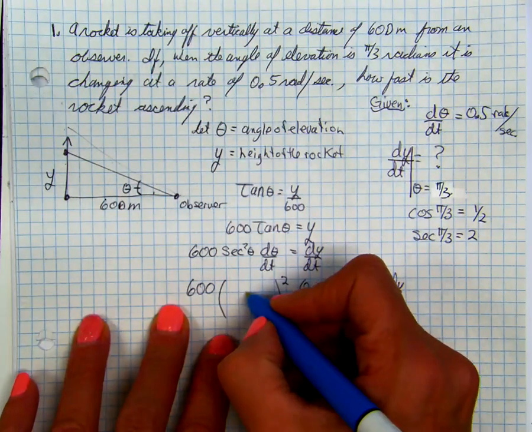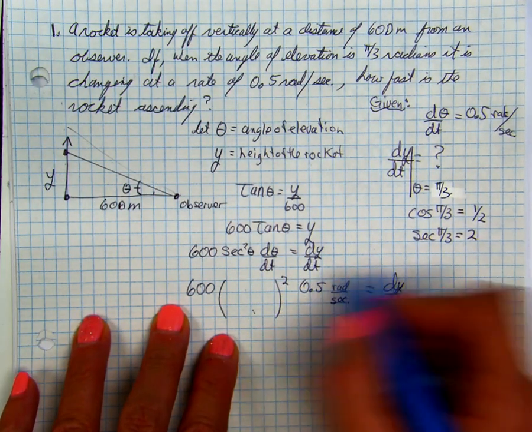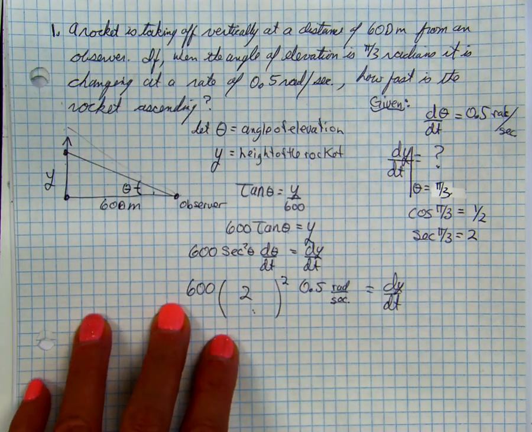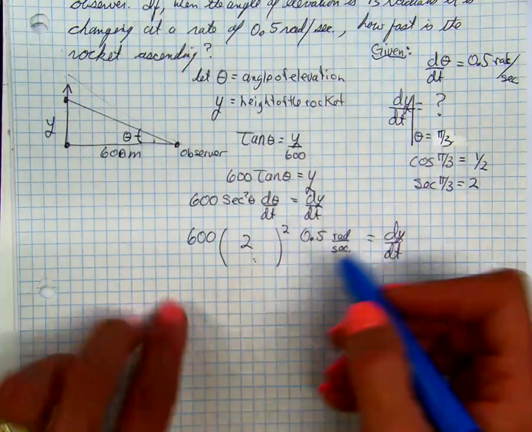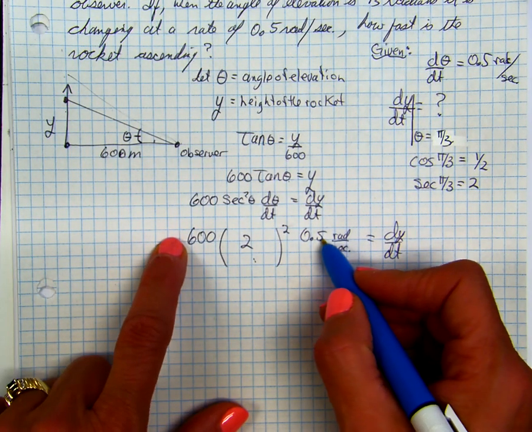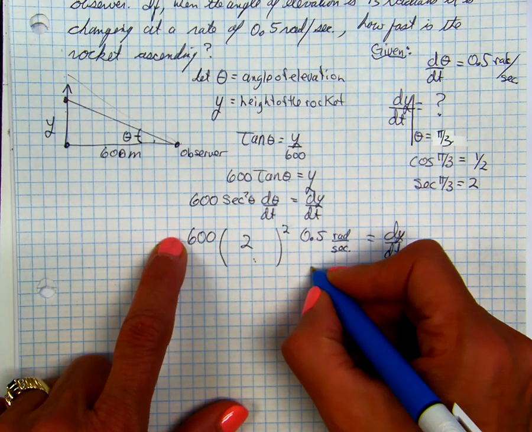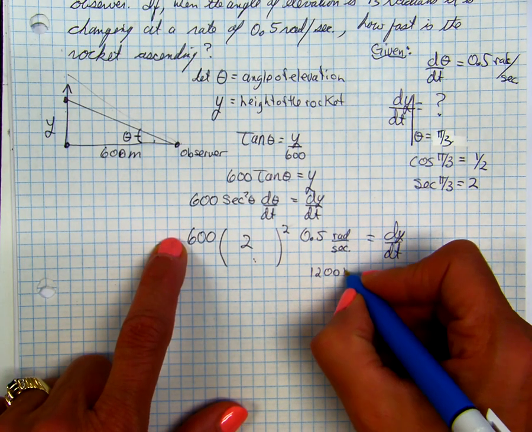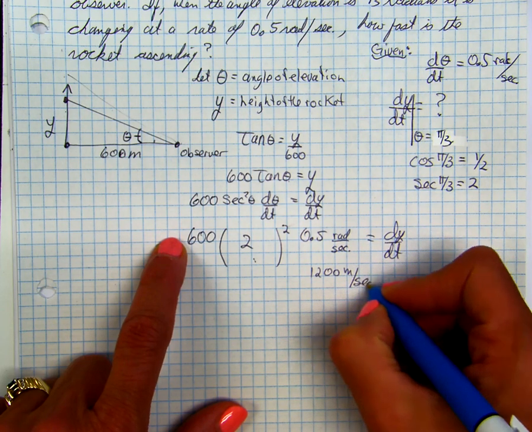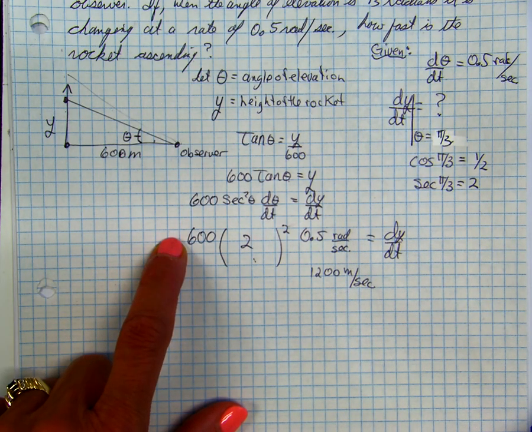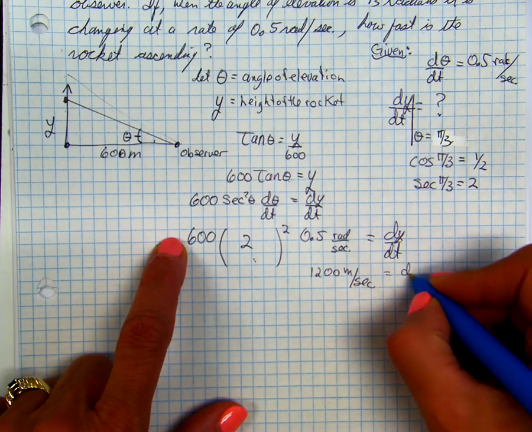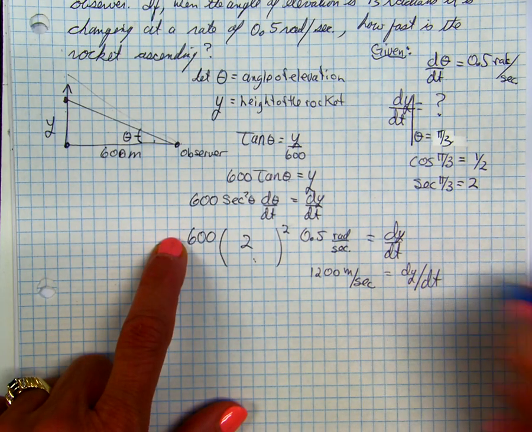So I need to put in a secant squared. So 2 squared, 4, times 600 times 1/2 is going to give me 1200 meters per second. That's going to give me my dy by dt.